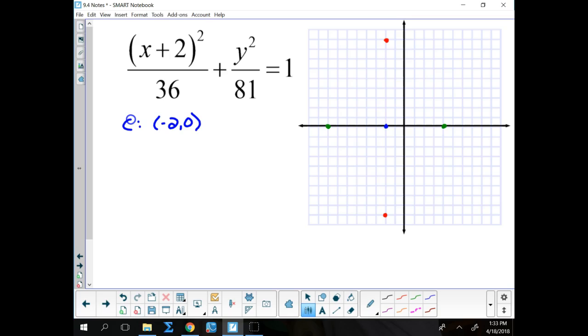Major axes. It's vertical. So that means my vertices are negative 2 comma 9 and negative 2 comma negative 9. Okay?